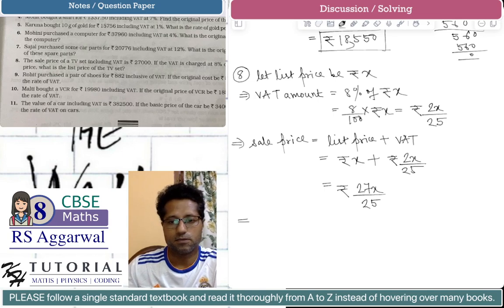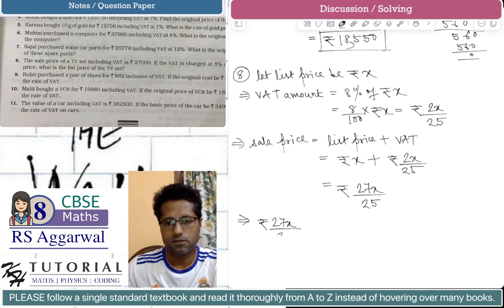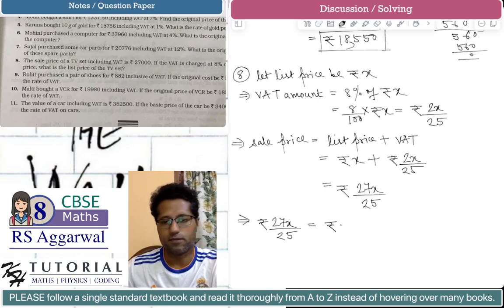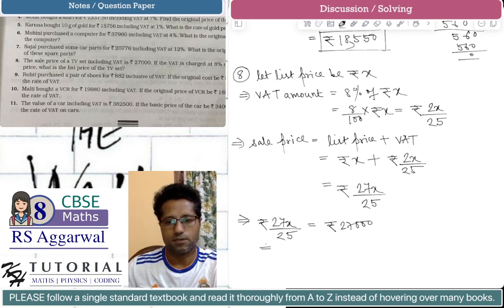Now this implies the sale price is given to be 27,000. So this implies 27x by 25 is equal to 27,000.